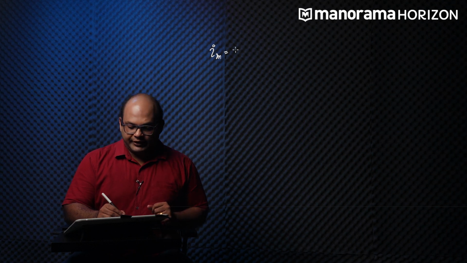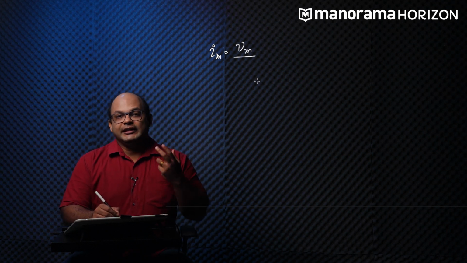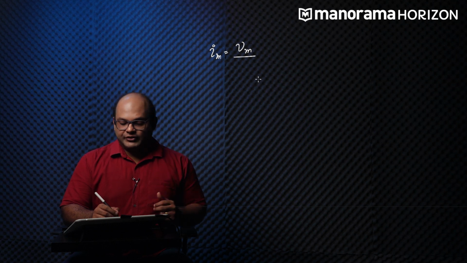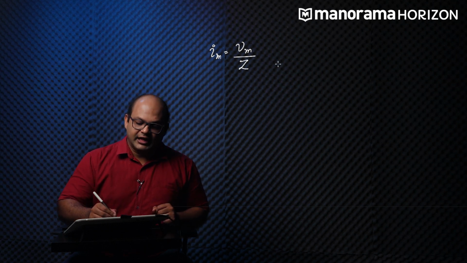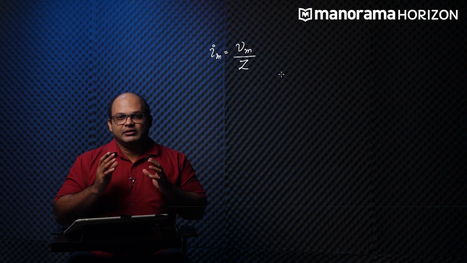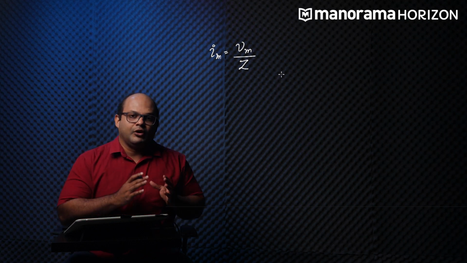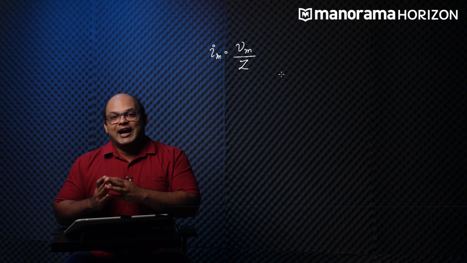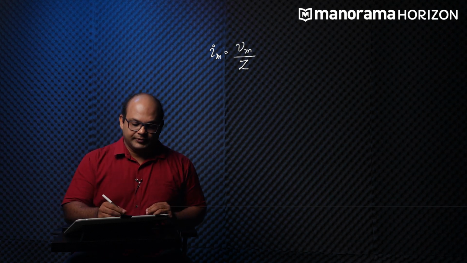So we can say that for an LCR circuit, the current in it at any given time, let's call it Im, can be expressed in terms of the ratio of Vm, that is the peak voltage, divided by the total impedance of the system, which we denote by the letter capital Z. Please note, we are talking about impedance, so this comprises both the reactances of the inductor and capacitor and the resistance of the resistor.